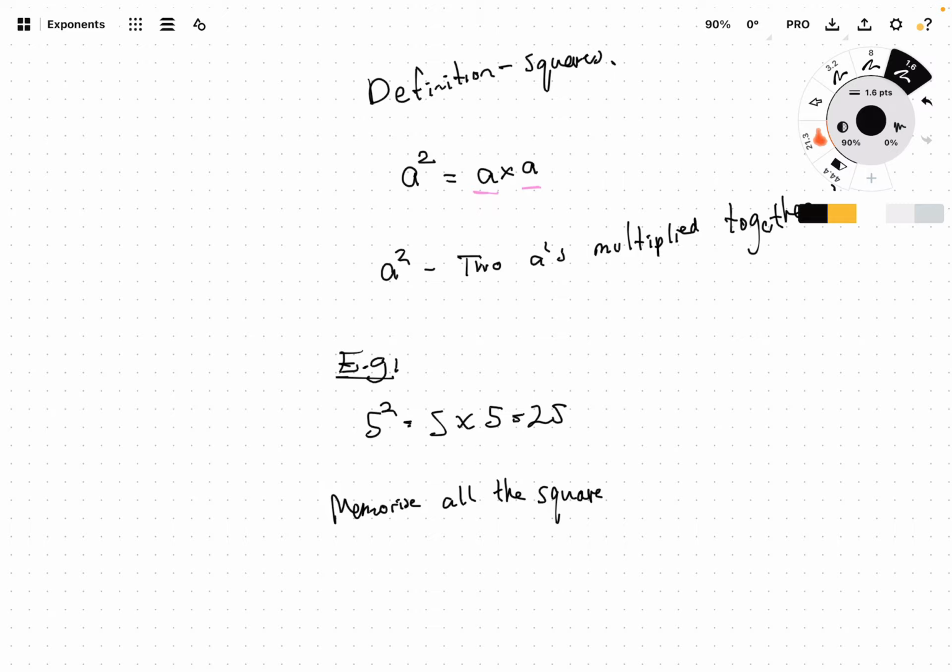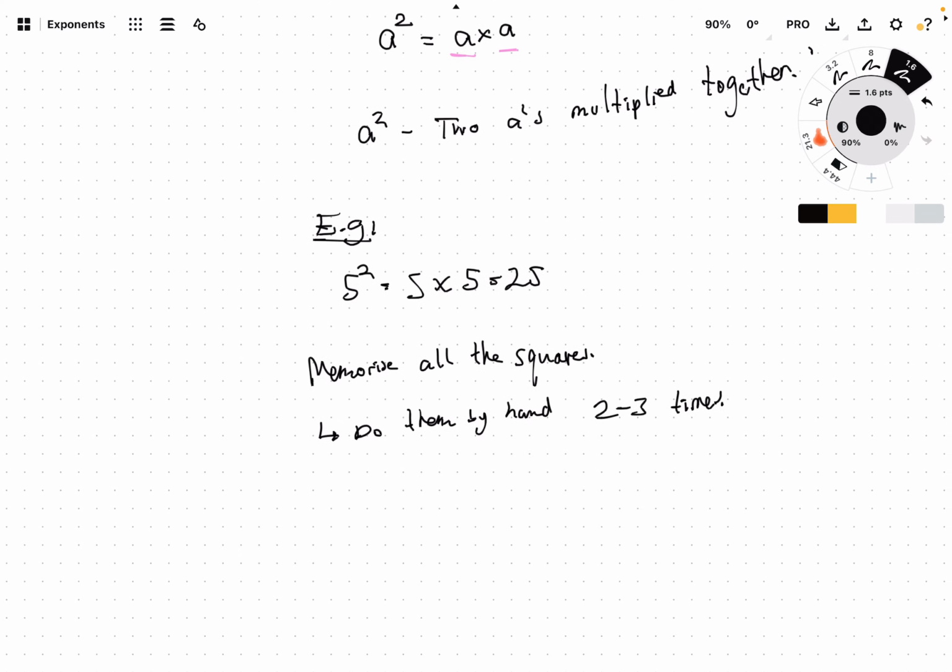And when I say memorize, don't just rote learn it. I would recommend doing them by hand 2 to 3 times. So if I tell you what 14 squared is, you should know that it's 196. But I don't want you to just know that by memory. I want you to have done this multiplication a few times. And just knowing the basic squares is very important, because spotting squares becomes an important skill later on.